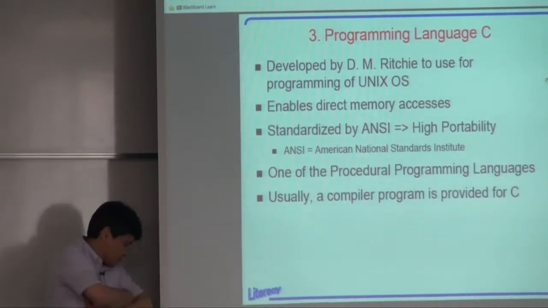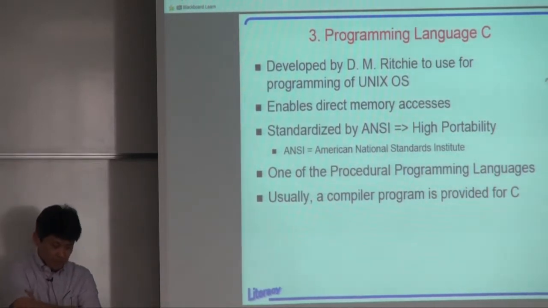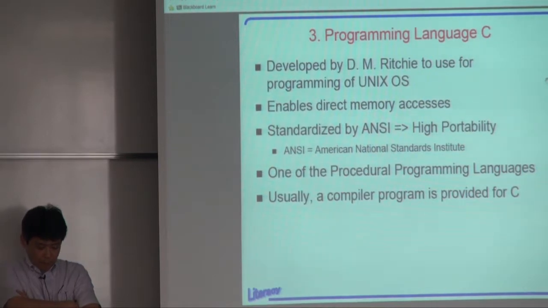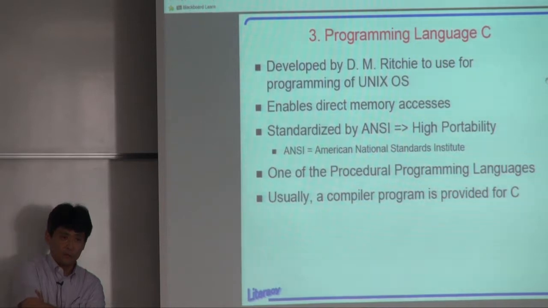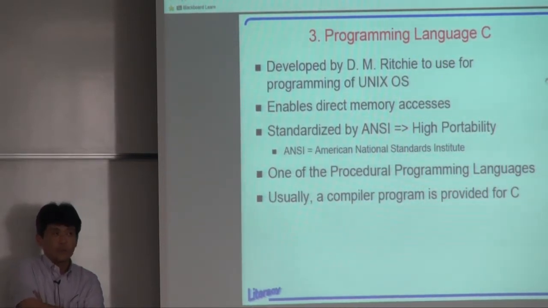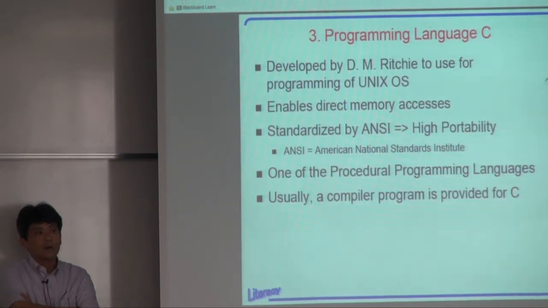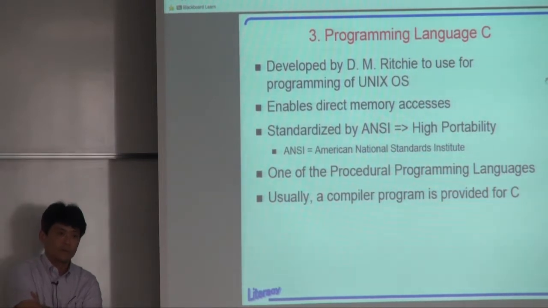As shown here, the C programming language was originally established especially for programming the Unix operating system. Unix is one of the operating systems. The Unix operating system usually runs on workstation-level computers.